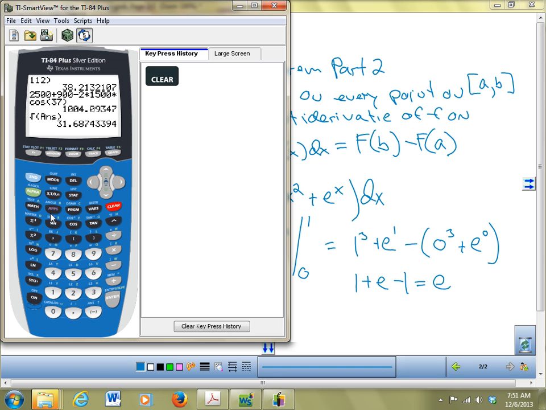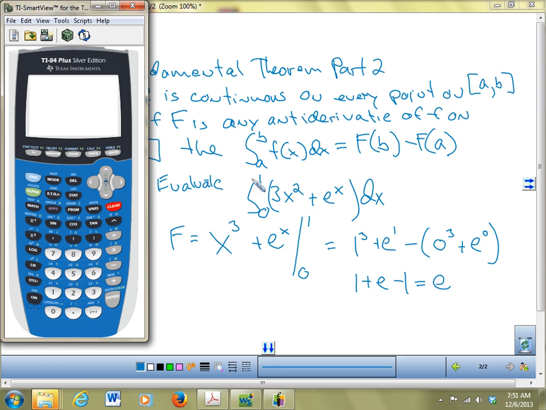So what was my function in there? Y equals. So remember when you do this, you have to plug in the integrand, not the integral. So you don't want to plug in what you took the integral of. You want to plug in what's in here: 3x squared plus e to the x, which is above the natural log key.